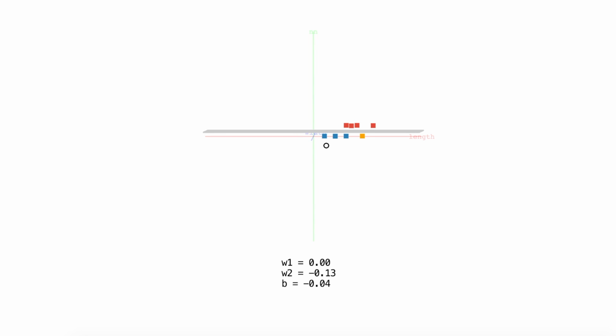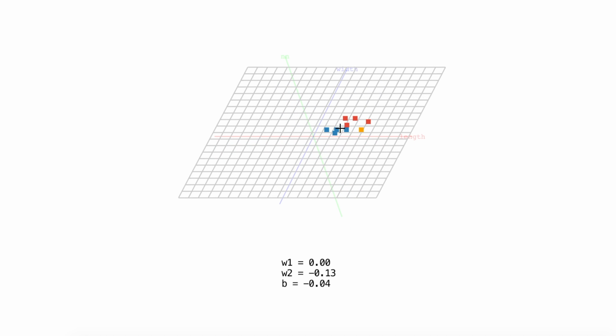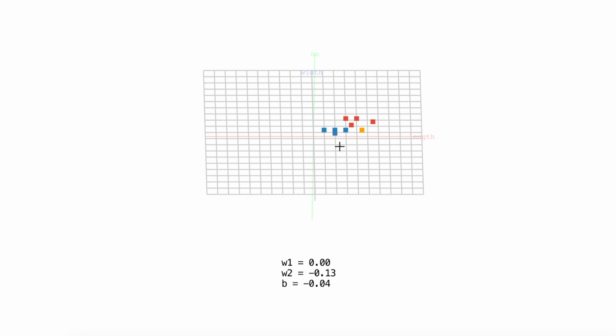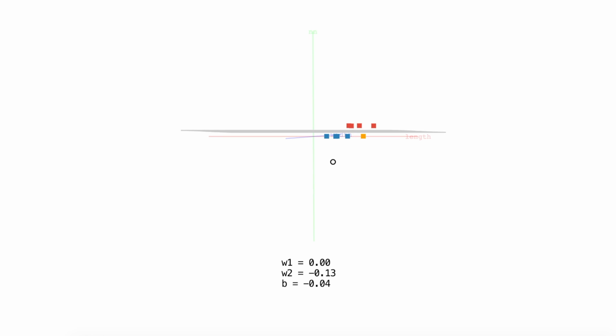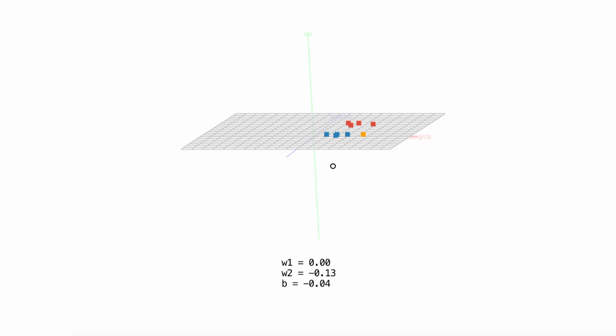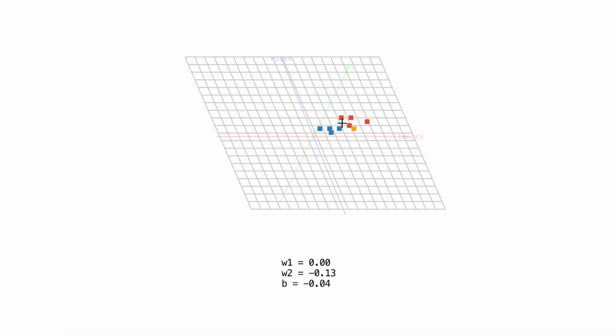So, we can see that for different features, we want our network's output to match the y-coordinates of these points. And right now it's in the middle. So let's change our parameters by hand and see if we can get it to match these points.